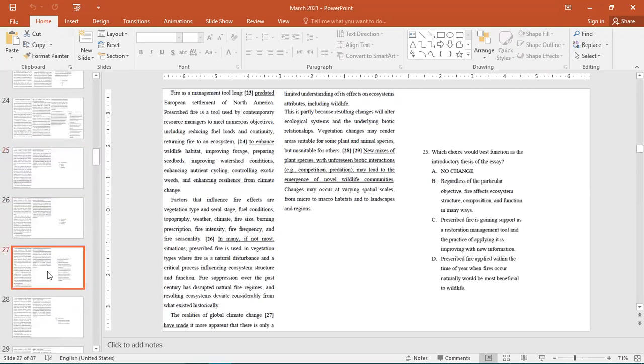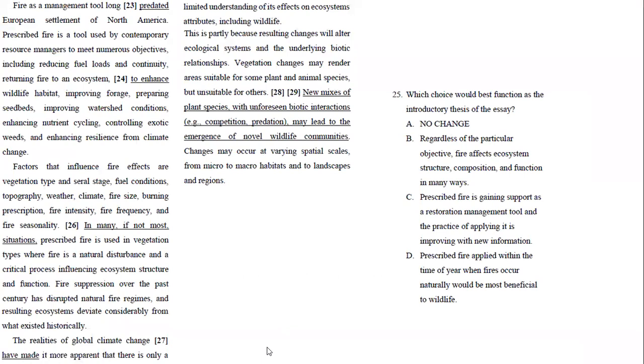So I'm going to open number 25, and it says, which choice would best function as an introductory thesis of the essay? So I want to figure out what this essay is about.